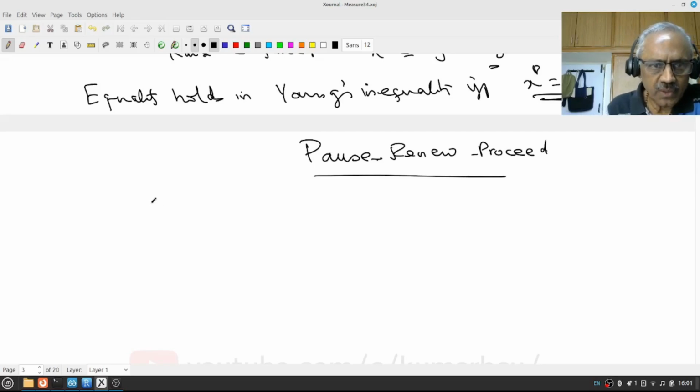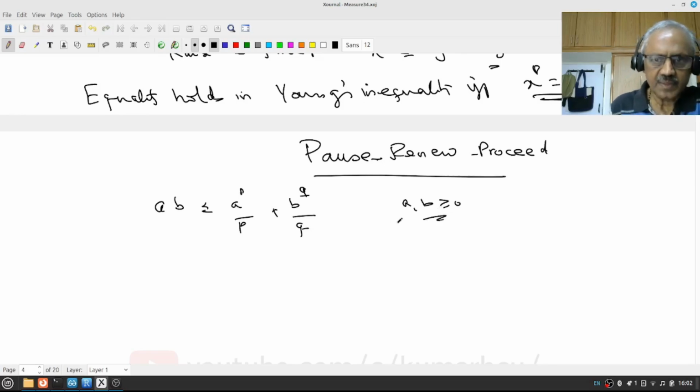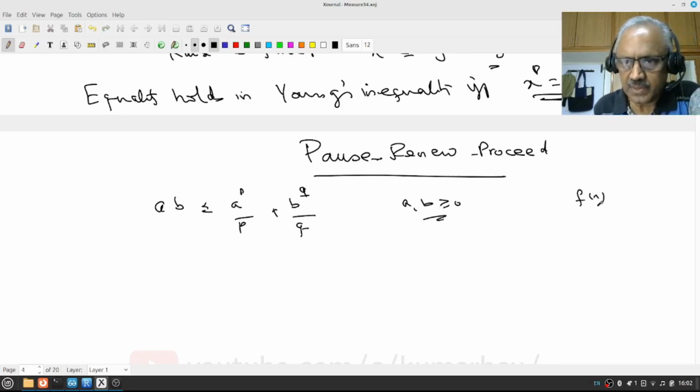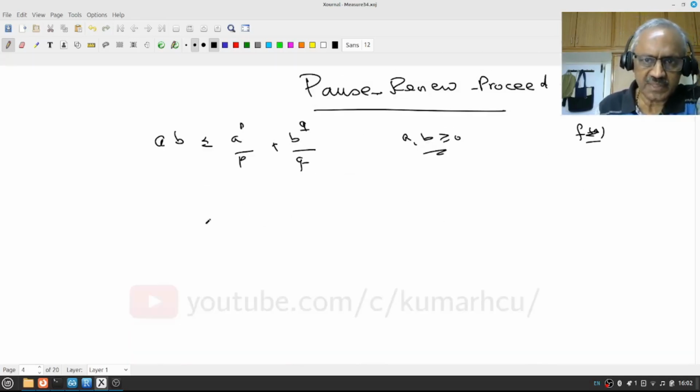So I will stick to A and B now. AB is less than or equal to A to the power P by P plus B to the power Q by Q, where A and B are non-negative. Because x I want to use for something else, I don't want to use x here. That's Young's inequality.